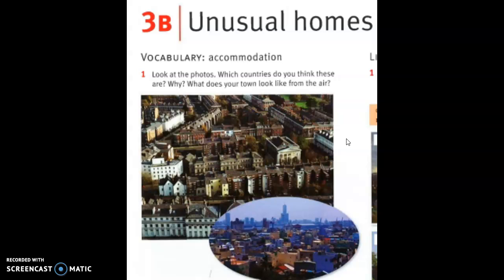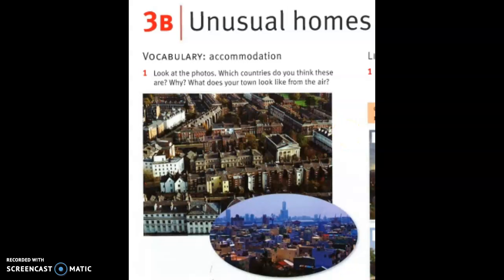The idea really is to get them thinking about different types of home. Do have a focus somehow on homes in Britain though, because this will be useful for them in the next exercise to be thinking about different types of buildings and homes in Britain.